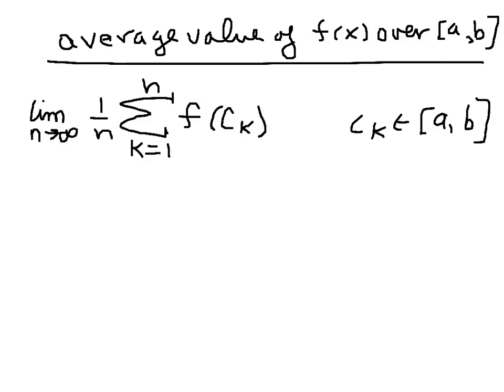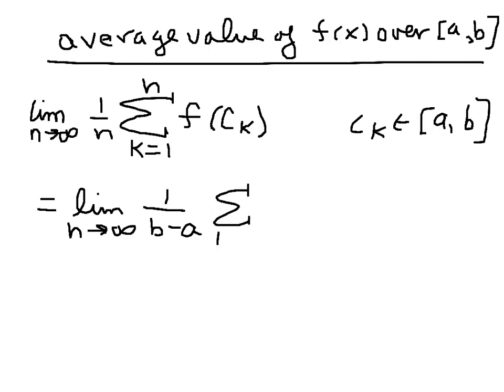So here's the mathematics behind it. This is equal to the limit as n approaches infinity of 1 over b minus a, where the heck did that come from, times the sum as k goes from 1 to n of f of c sub k.